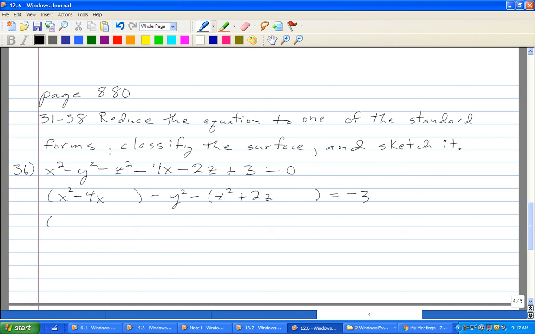So let's complete the square. These are all going to be monic quadratic trinomials. Negative 4 over 2 is negative 2, squared is 4. So let's add 4 to both sides of my equation.